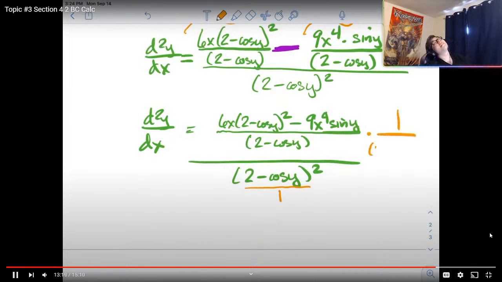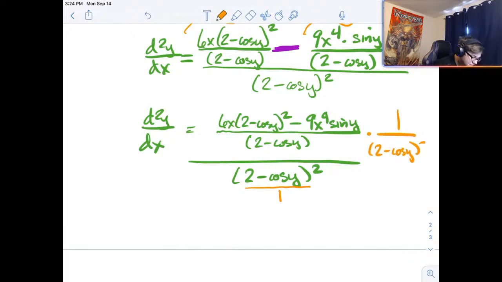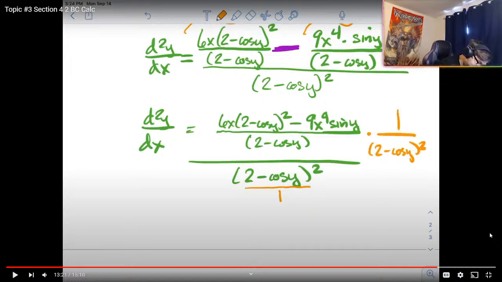And that means that we can do keep, change, flip. Minus cosine y squared minus 9x to the fourth all over 2 minus cosine of y. Flip it, you would get times 2 minus cosine y squared under 1.